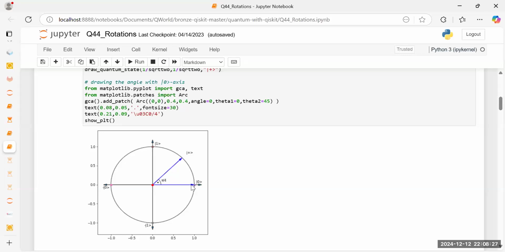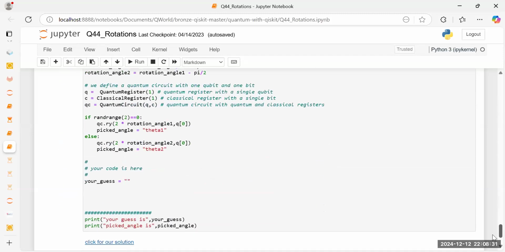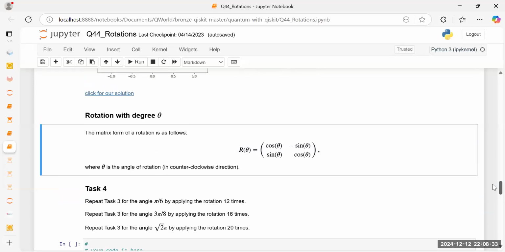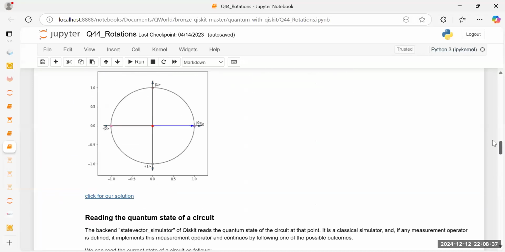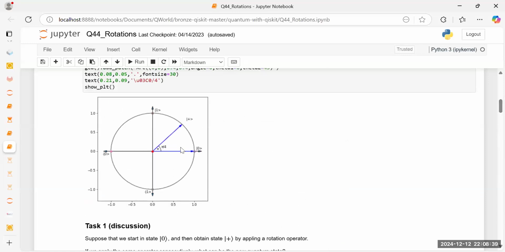If we perform a rotation using this operator and we set theta to pi/4, we're going to rotate from the state 0 to the plus state.